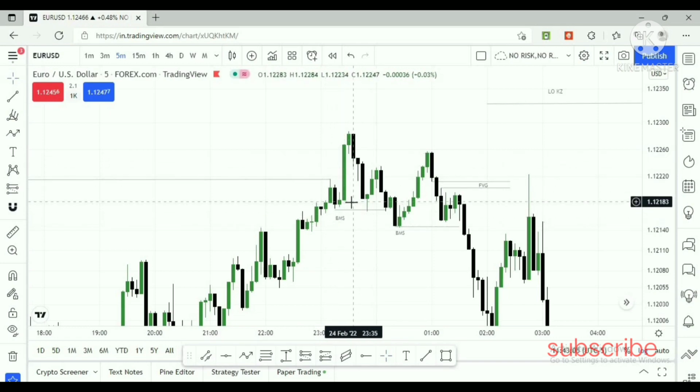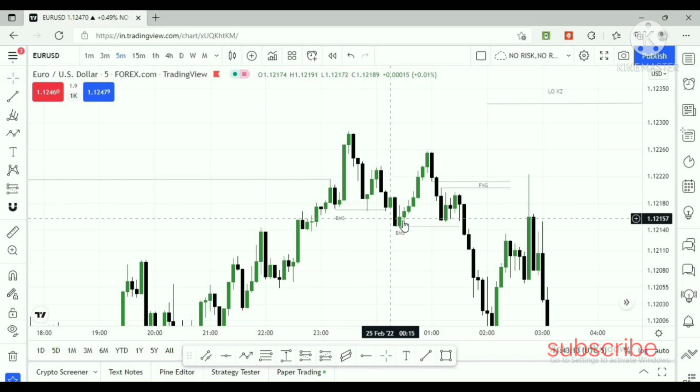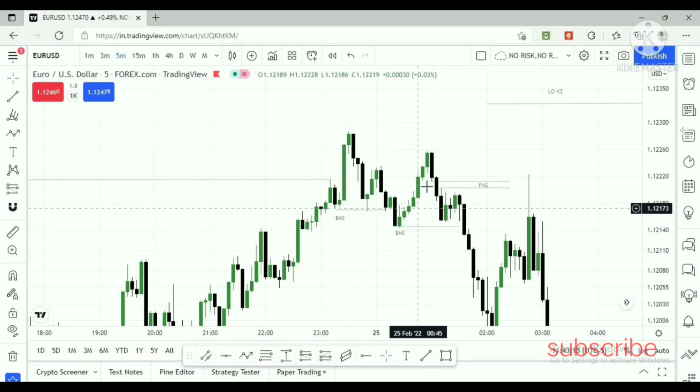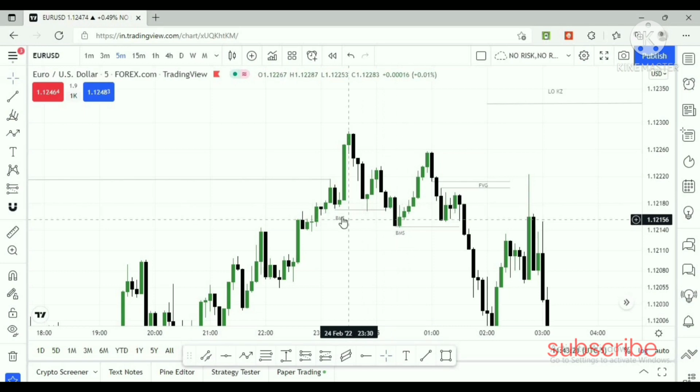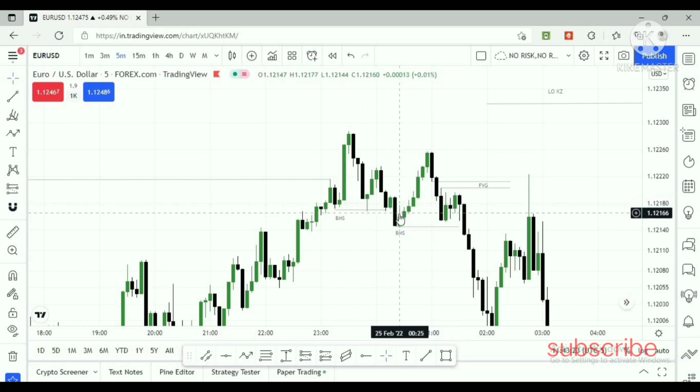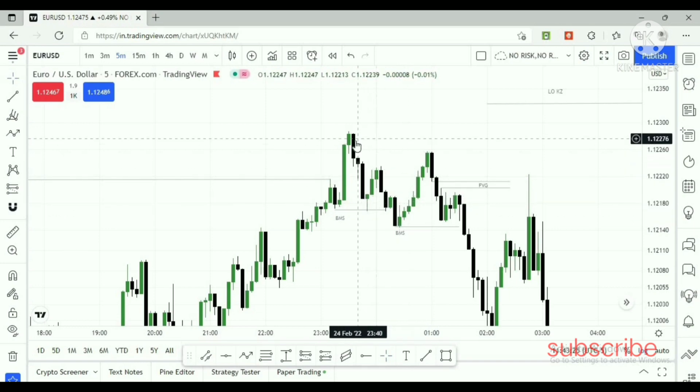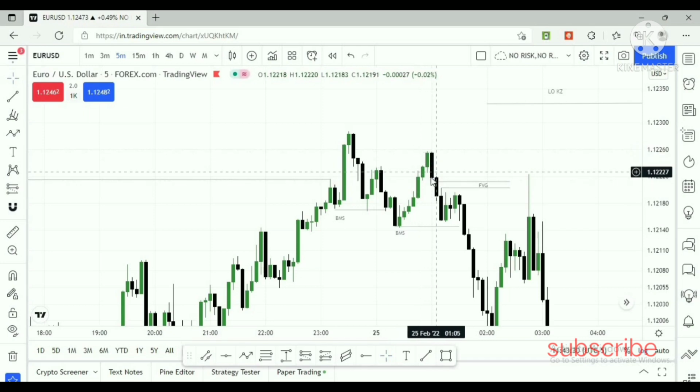Breaking and clearing this low is a break of market structure, which indicates this is a valid order block. At the same time you can see price tested this order block, above this level after the break of market structure.